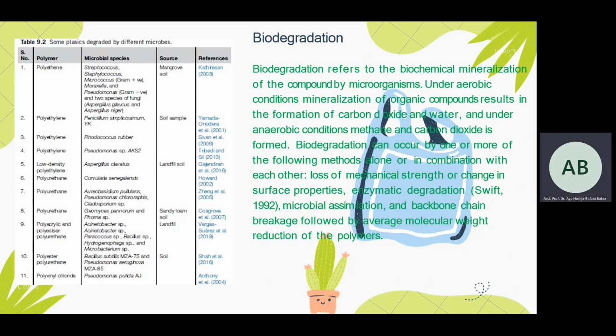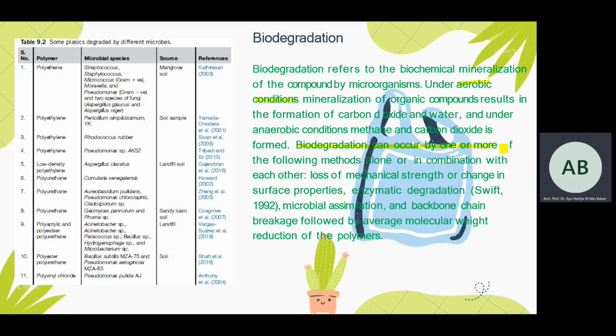Another thing is biodegradation. We have gone through this one in a previous chapter, where you can use a few types of microbes, fungi, bacteria to degrade the plastics, under either aerobic or anaerobic conditions.